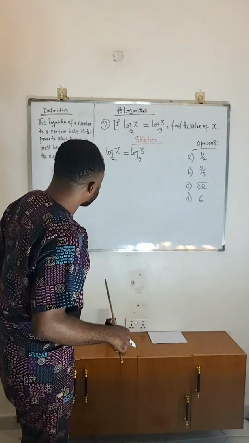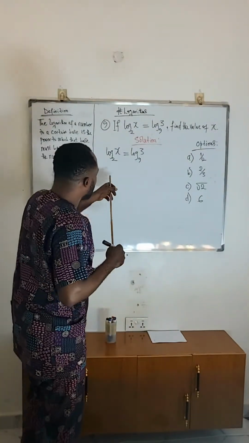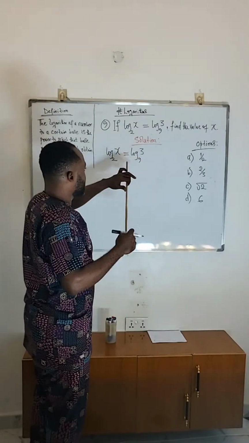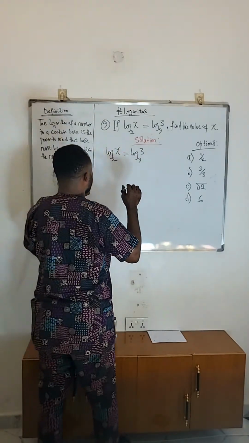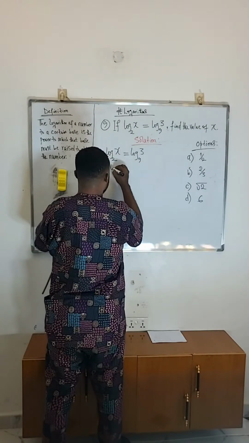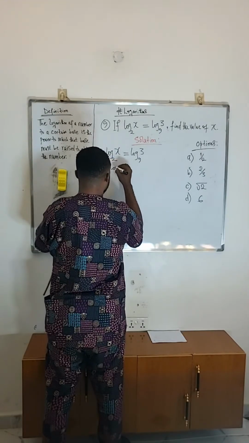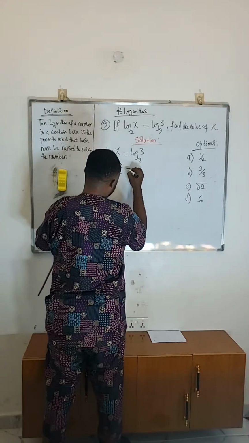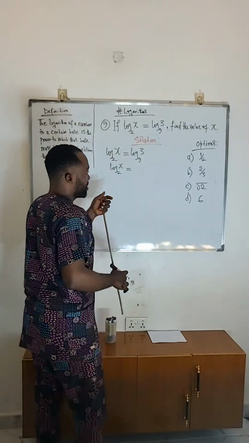So let's see. You are told that log x in base 2 equals to this. Let's express it. Log x in base 2 equals to this.